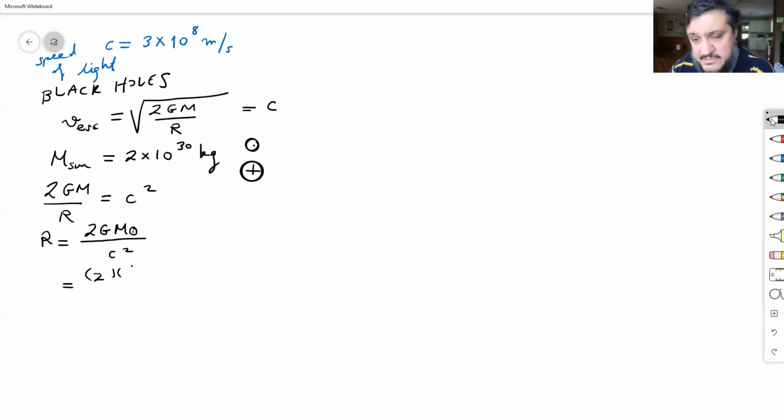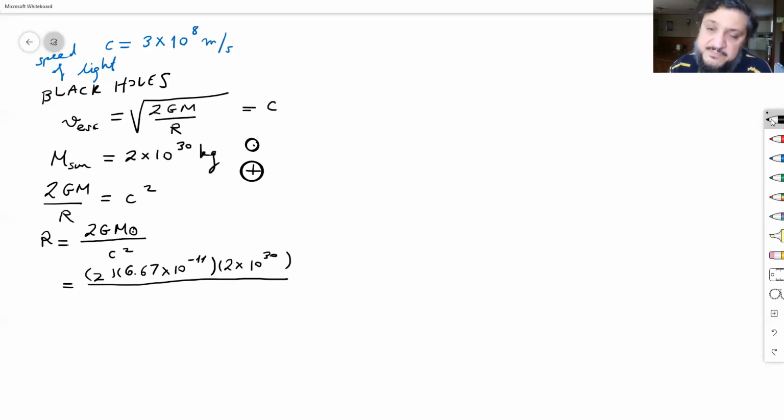2 times 6.67 times 10 to the negative 11 times 2 times 10 to the 30th power for the mass. Divide this by c squared, 3 times 10 to the power 8, squared.